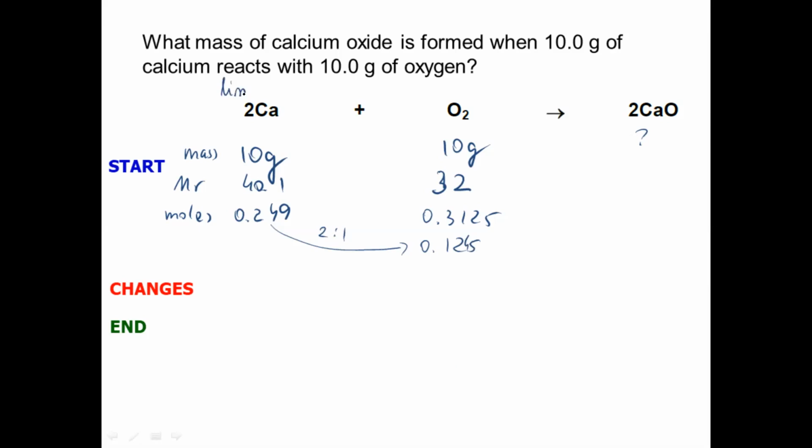So this one is my limiting reagent. It will fully react, so here it's going to be minus 0.249 moles of this. It's going to fully react, so at the end you have 0.